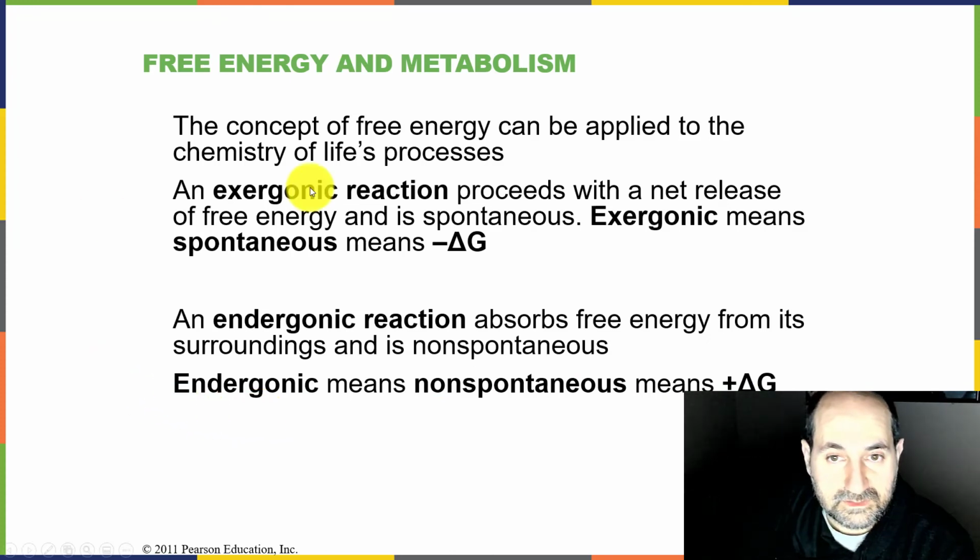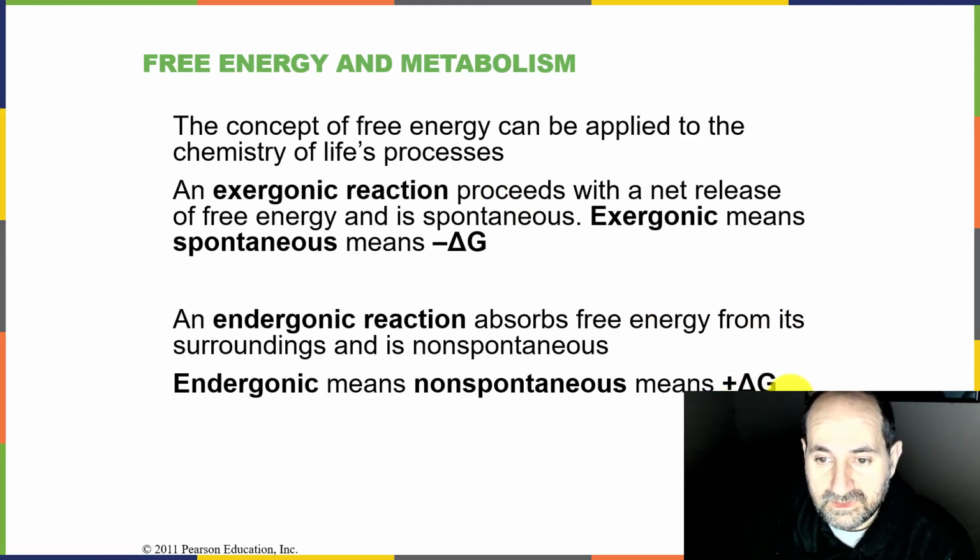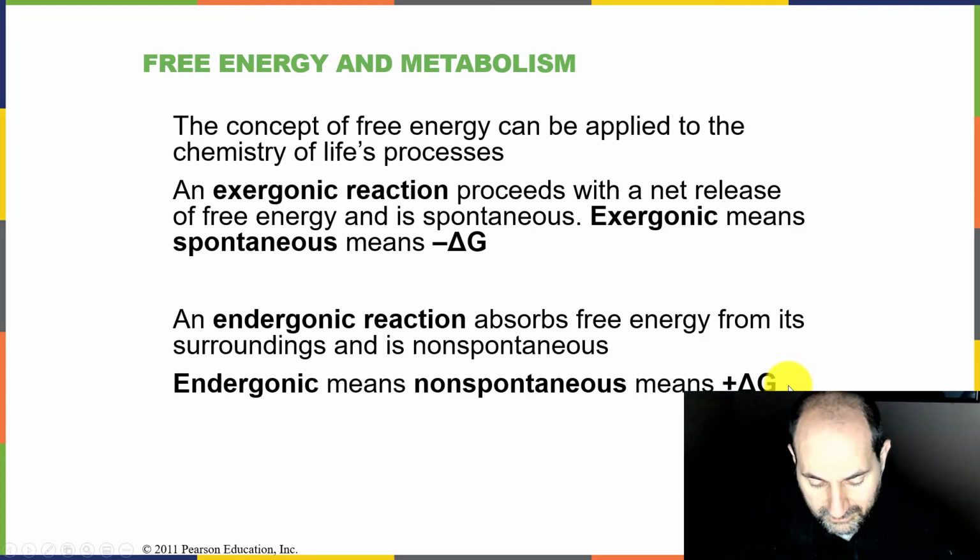Okay, so again, recap. A reaction with a negative delta G is considered an exergonic process, which means it's spontaneous, whereas a positive delta G reaction is an endergonic process, which means non-spontaneous. One more thing you need to know is that negative delta G reactions release energy, and positive delta G reactions absorb energy.